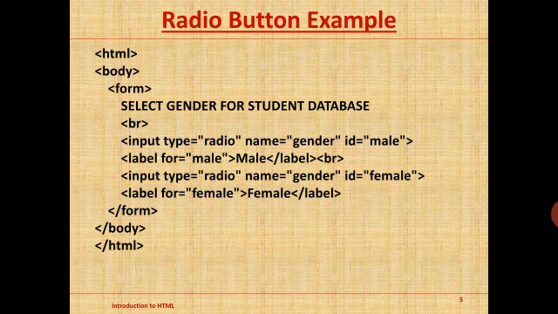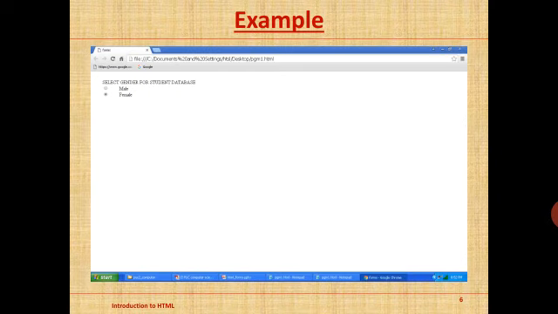Second radio button name is again gender, but ID is different. In this radio button, we have used one more option, that is label. When we execute this program in any browser, we can see the output as shown here. Here, either male option or the female option will be chosen.